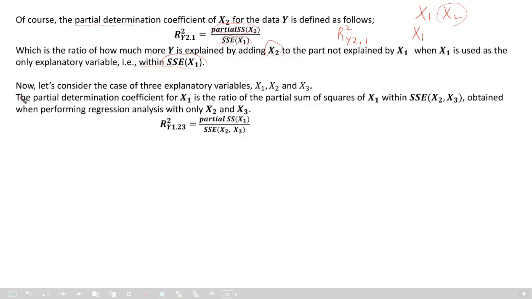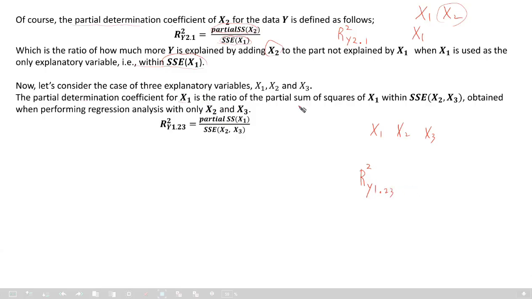Okay? Now, let's consider a case of three explanatory variables, x1, x2, and x3. Now there are three explanatory variables, x1, x2, x3. The partial determination coefficient for x1, okay, for x1 is, say, R square y1 given 2, 3. It is not actually given, but previously x2 and x3 are in the model.